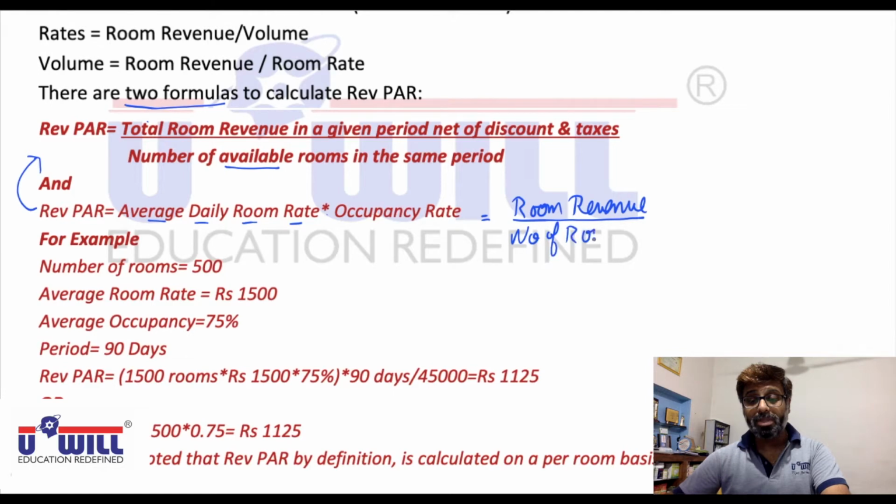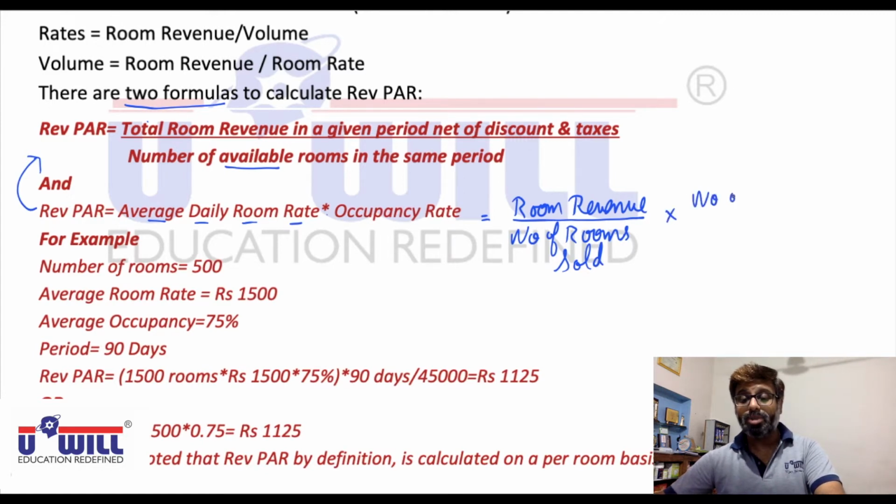Okay, total rooms revenue divided by number of rooms sold multiplied by occupancy rate. What is occupancy rate? Number of rooms sold divided by number of rooms available into 100.